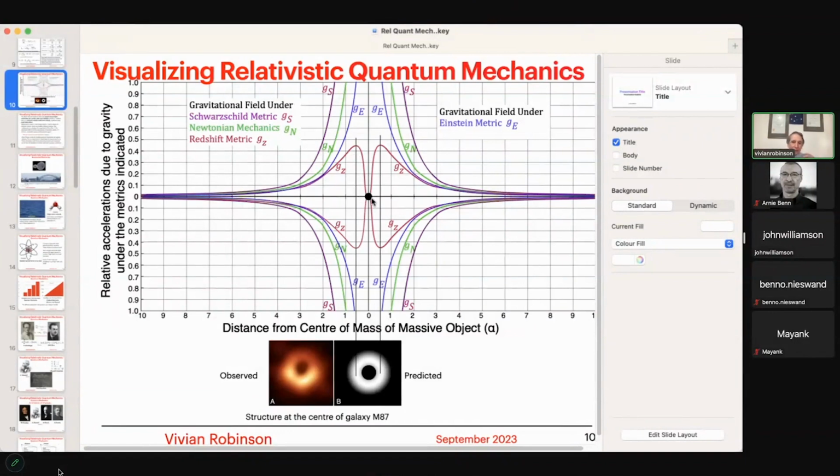Now, if you've got this massive object, millions or billions of solar masses, under this model, gravity can force protons and electrons into neutrons, and you get this huge mass.